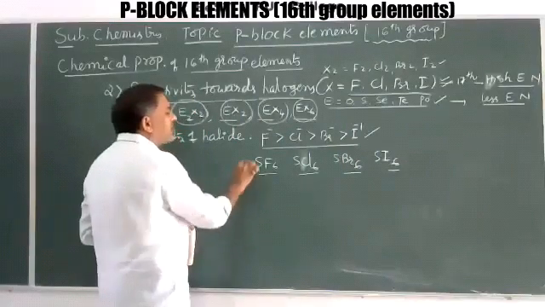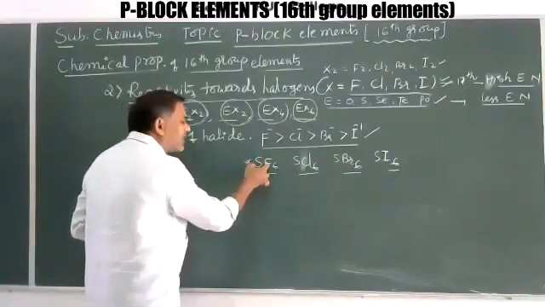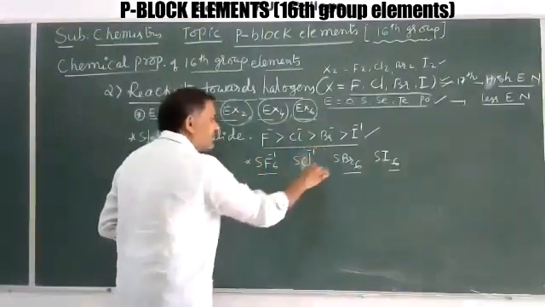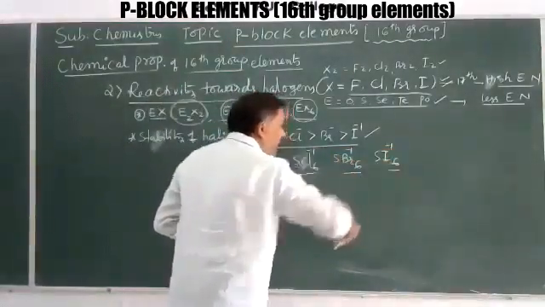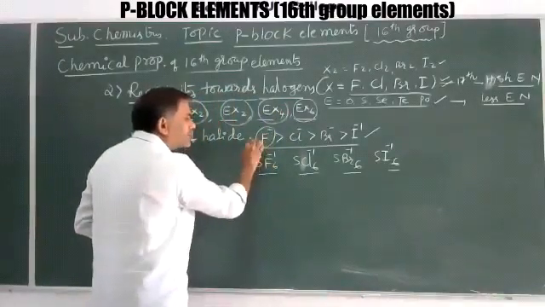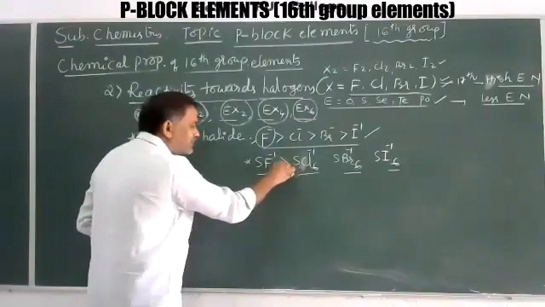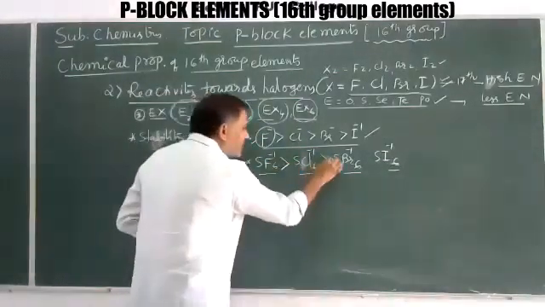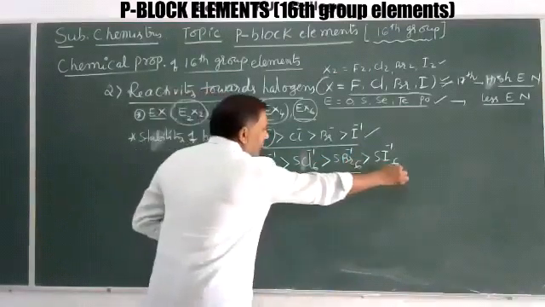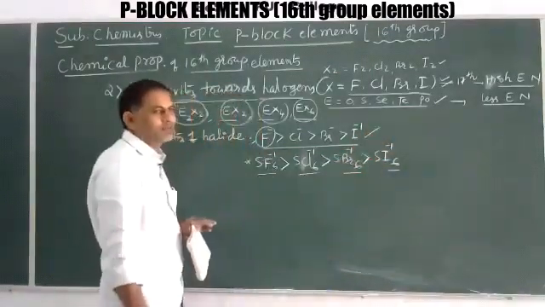Among these, fluorine is -1, chlorine is -1, Br -1, I -1. So the F minus compounds are more stable, meaning SF6 is more stable than SCl6, than SBr6, than SI6.